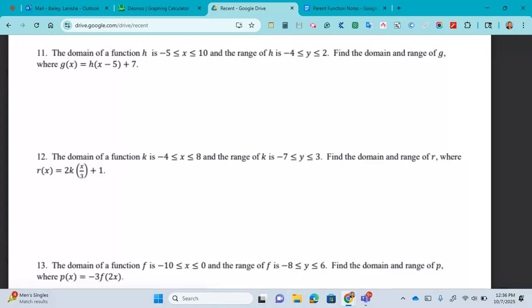Find the domain and range where g of x is, we have x minus 5. X minus 5 does what to the function? Horizontally translated right 5.